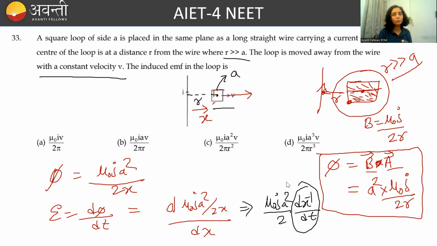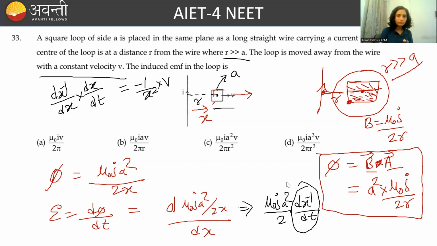Differentiation of this will become minus 1 by x square into dx by dt, which is the velocity v. So this is minus v by x square. Okay? Now, see here, what value will we get?